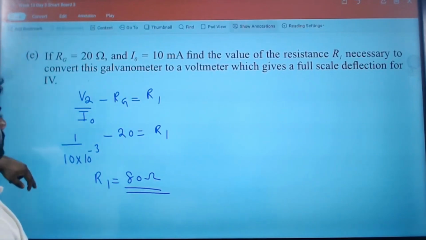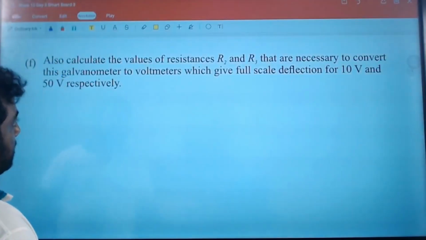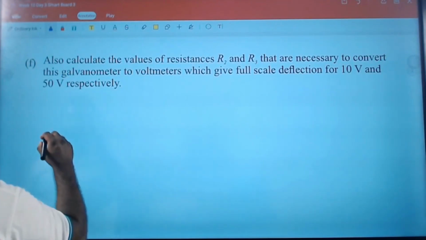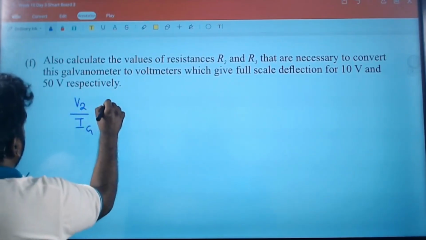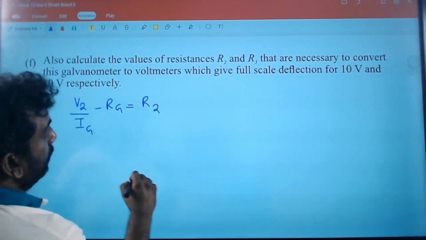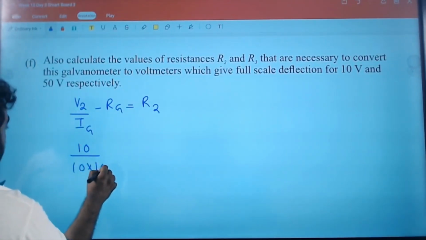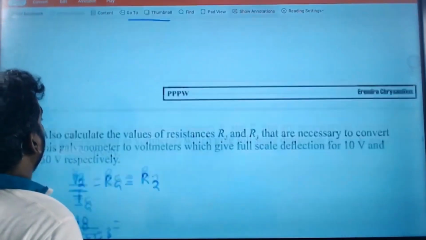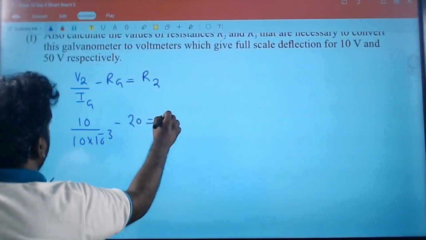Right. Also calculate values for resistors R2 and R3, converting to 10 volt. V2 over IG minus RG is equal to R2. V2 is 10 volt, IG is 10 milliampere, and the galvanometer resistance is 20 ohm. That won't change.